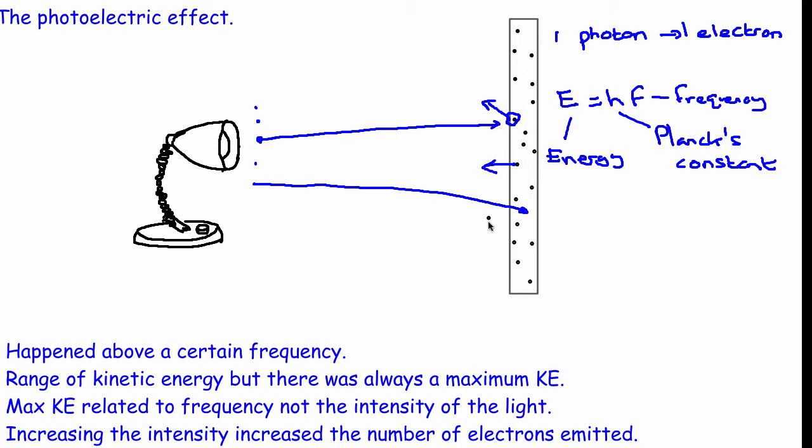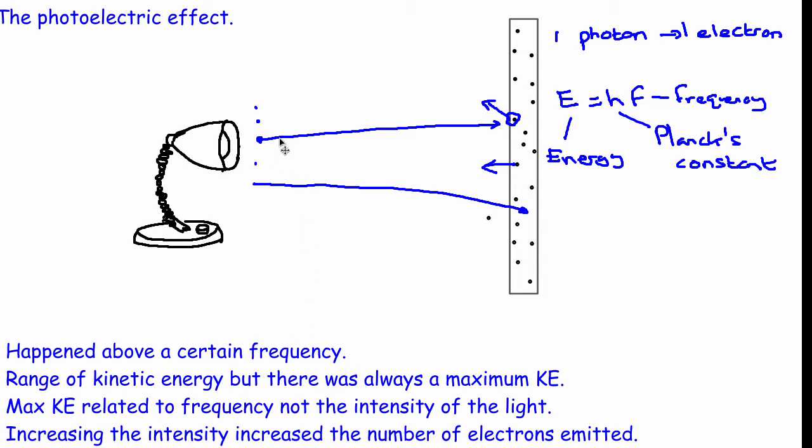So this will have a bigger kinetic energy than that, but there'll still be a maximum kinetic energy, because the maximum kinetic energy comes from a photon interacting with electrons that are just on the surface of the metal, electrons that don't have to take some of that energy to move through the metal first.